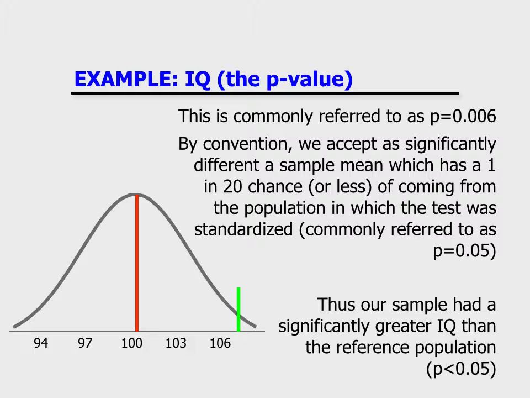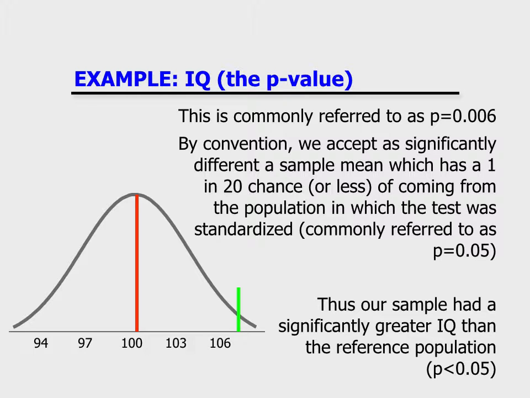I hate to use the word chance again, but basically saying there's only a 5% chance that it's due to the flip of a coin. It's 95% that the reason 107.5 is where it is is because it's statistically significantly different than that 100, which is the average of the population.